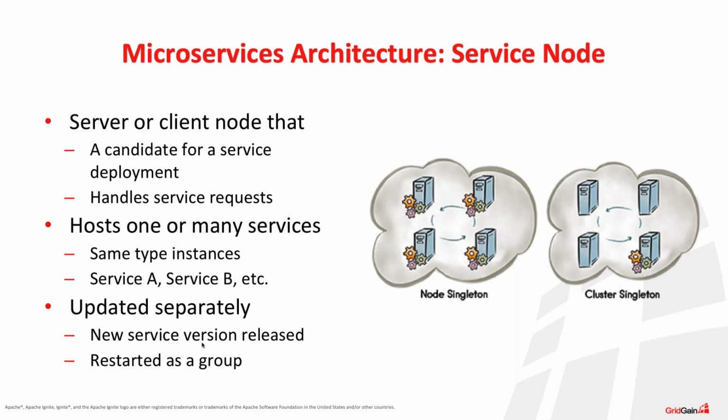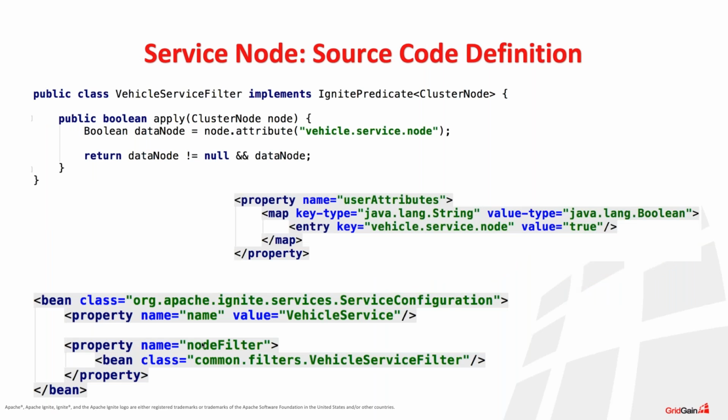Okay, how do we define a service node programmatically? We follow the same approach as we did with our data nodes. Again, we just need to create a special node filter, and the node filter will check a special parameter.